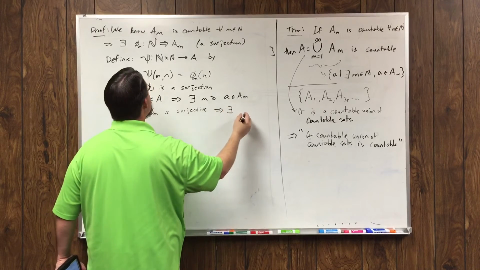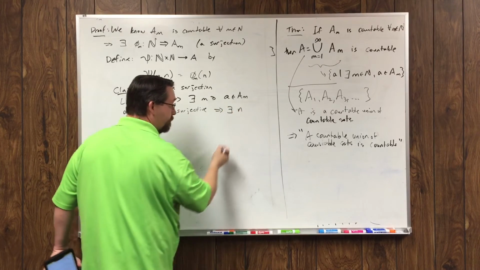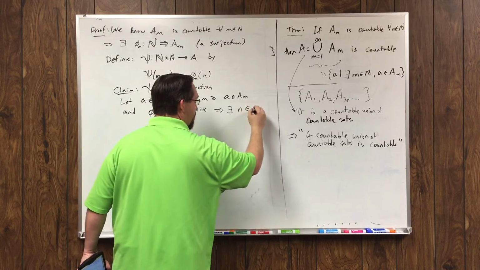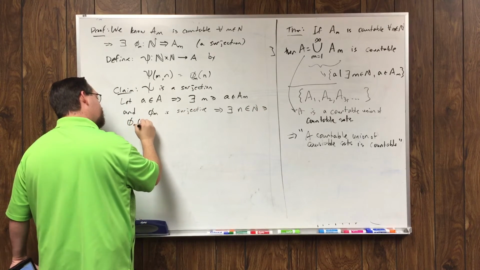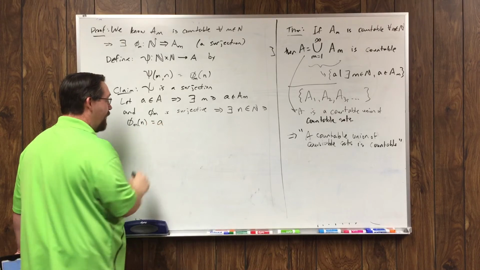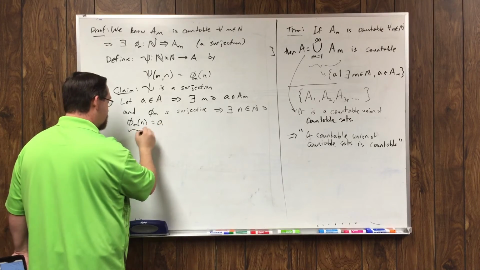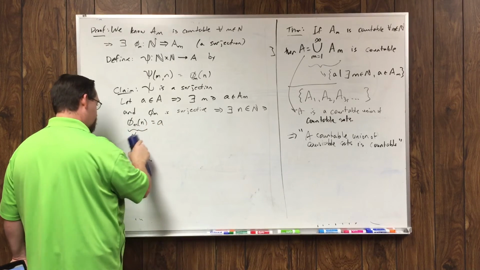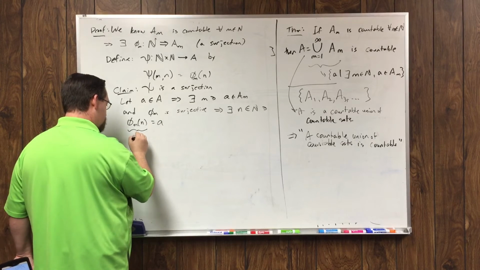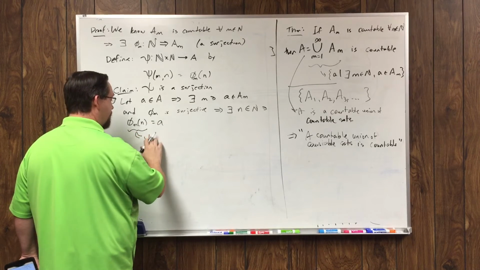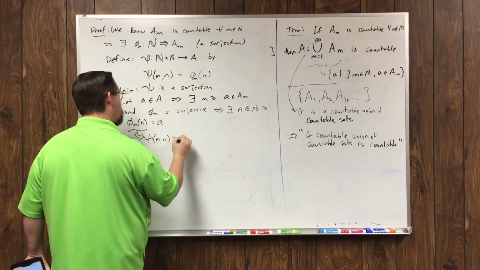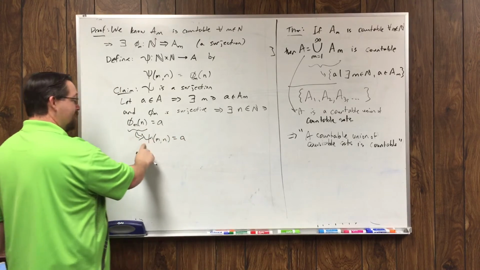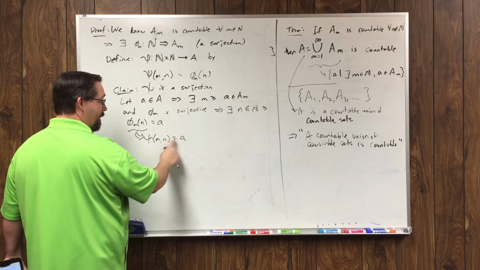There exists an n out of the natural numbers such that phi sub m of n is equal to that a. But this is the output. This is equal to c of m comma n. So that implies that c of m comma n is equal to a.